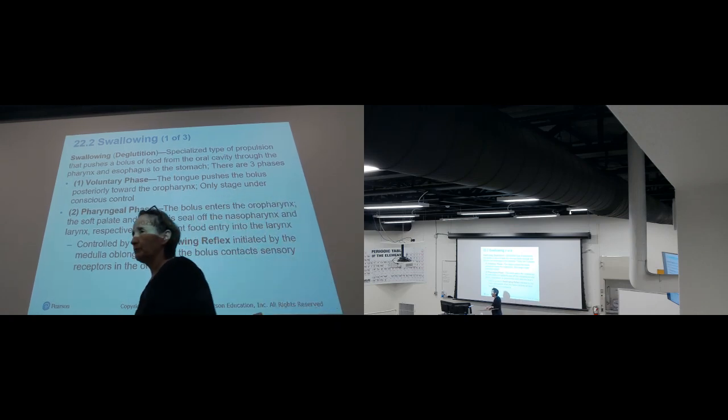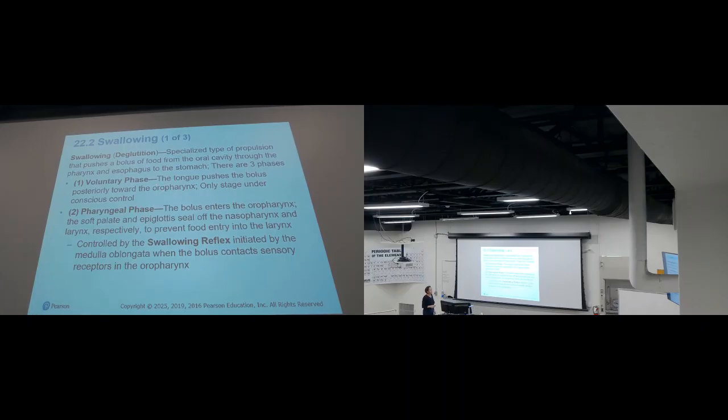Now for swallowing, or deglutition. It has the voluntary phase that happens between the oral cavity and the upper third of the esophagus. So in this case, the tongue pushes the bolus towards the oropharynx. And then from there, the food will be entering into the pharynx.